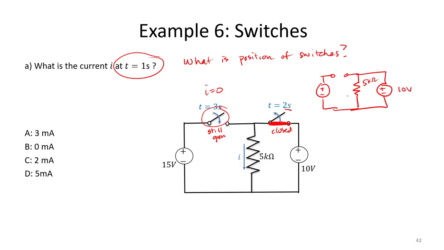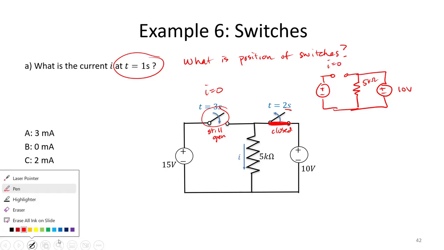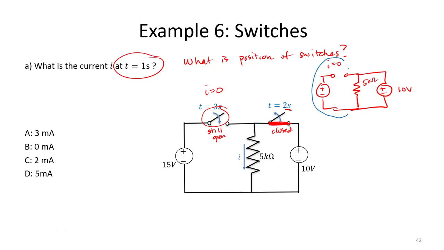So notice here, no current flows through this portion. It's as if this circuit was simply a 10-volt source and a 5 kilo ohm resistor. That 15-volt source is completely cut off. Now it's a little easier to find that current, right? Well, we can just use Ohm's law.